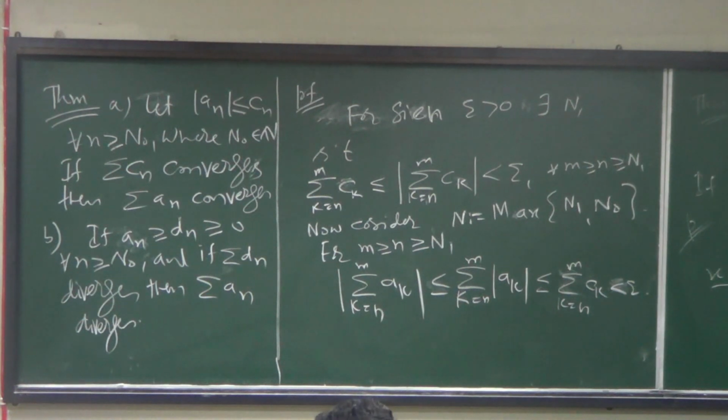Then this series, the sum of a_n, converges if and only if this series, the sum for k equal to 0 to infinity of 2 to the k times a of 2 to the k, converges.